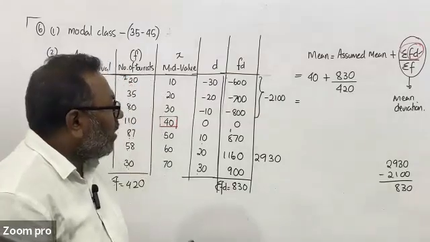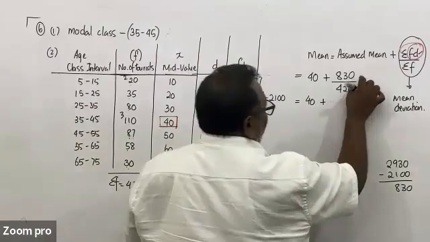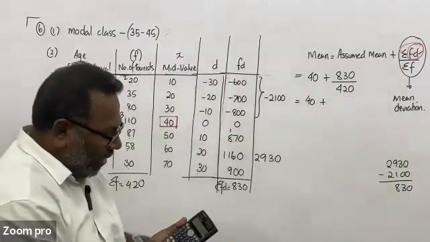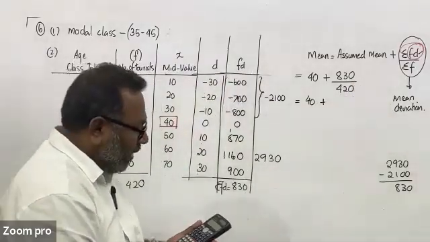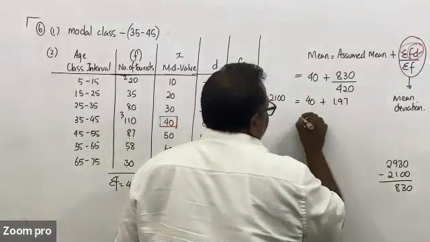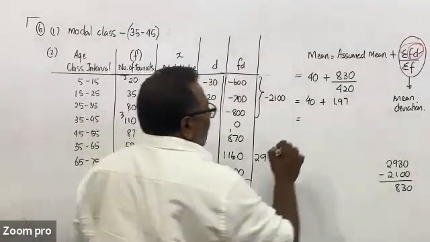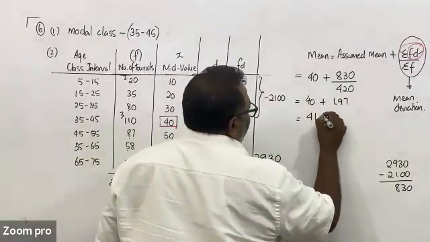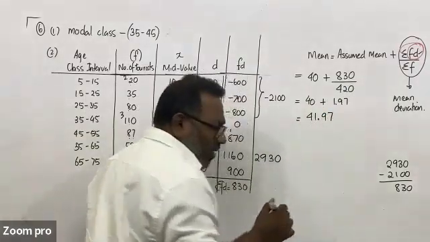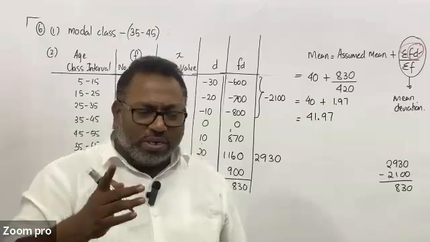Right, so 830, so 40 plus 830 divided by 420, you will get 1.97. So 40 plus 1.97, we'll take it as 41.97. Now we are looking at age, so we'll round it off.